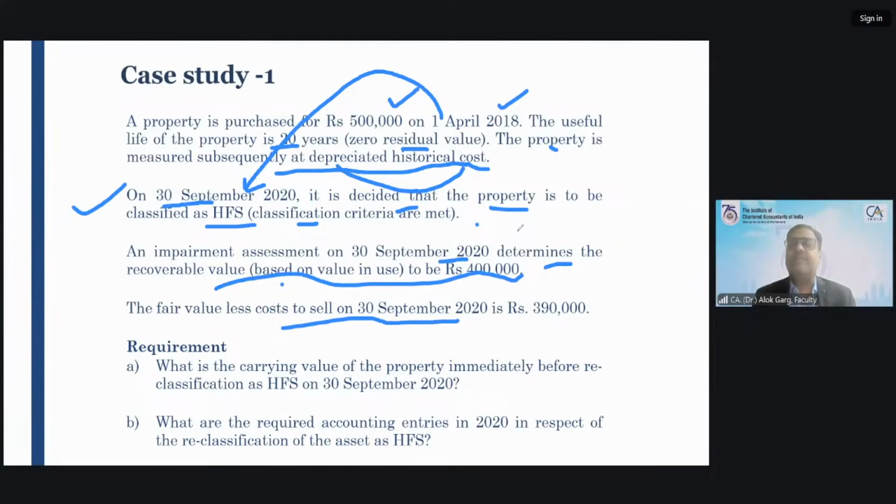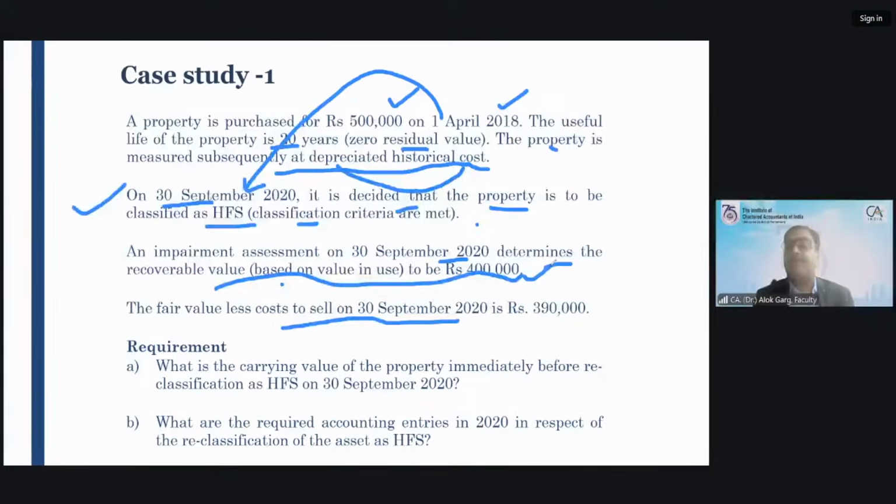As beautifully explained by Saminathan, the cost is 5 lakh and 2.5 years depreciation is 62,500. When you deduct 62,500 from 5 lakh rupees, you will get 4 lakh 37,500. But the recoverable value is 4 lakh. It means 37,500 is impairment loss.